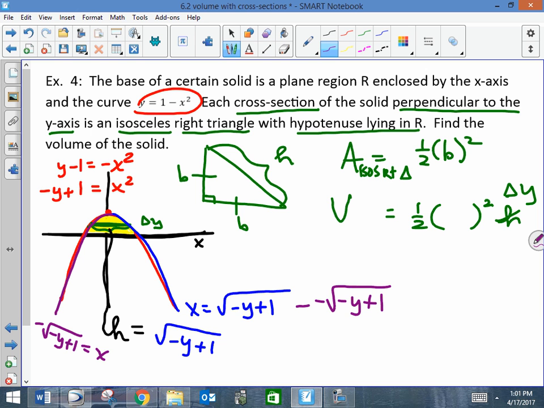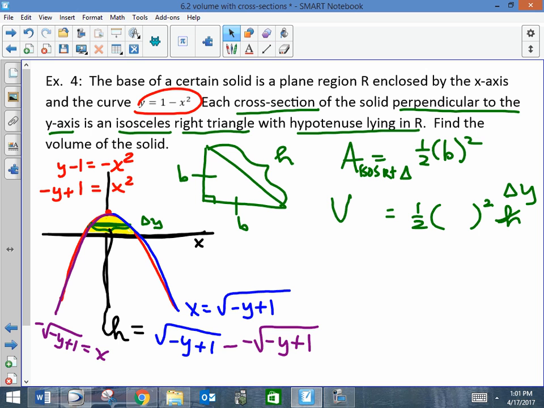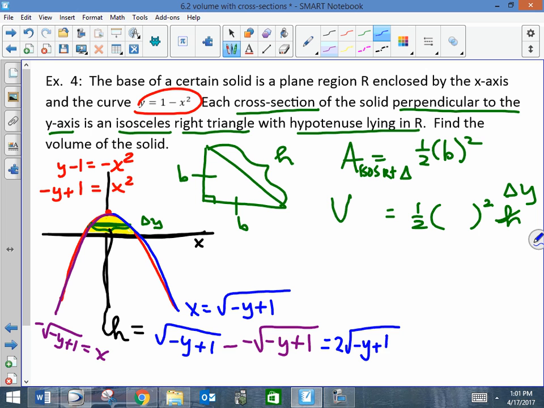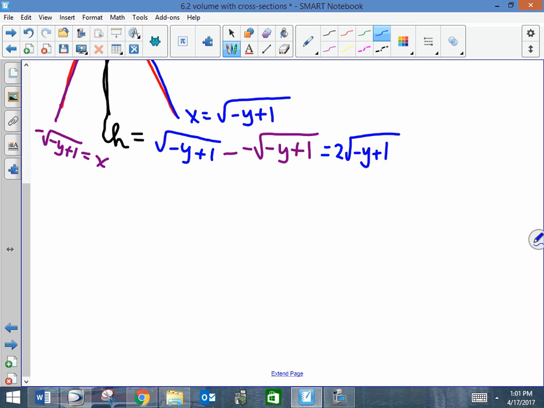Okay, so what's the hypotenuse? That's the hypotenuse, which is right here: 2 radical negative y plus 1. But that's not what we need to find the area. Let me extend so it's not going to get so busy here.